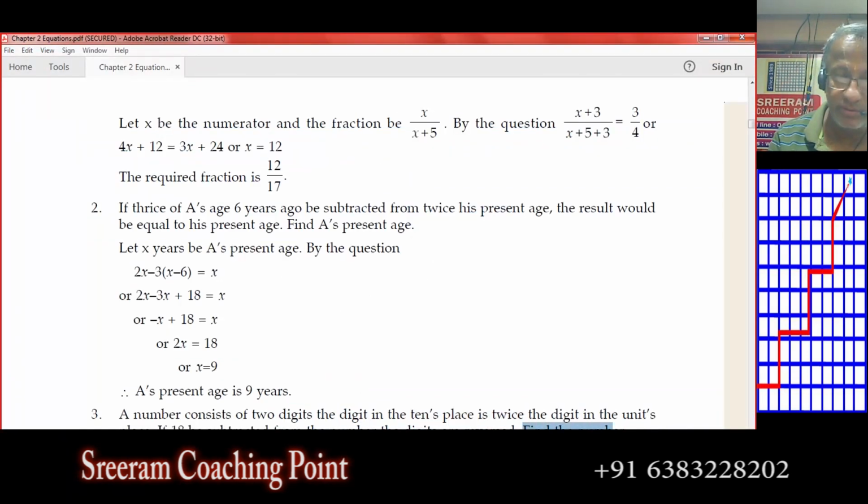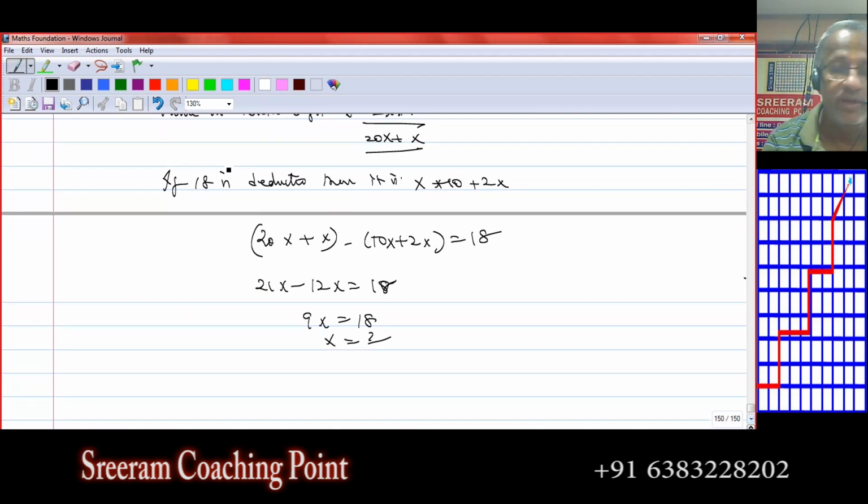Find the number. That means my last digit, the unit digit, will end up with 2.